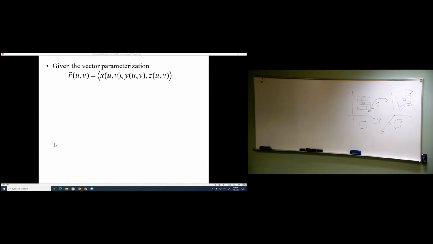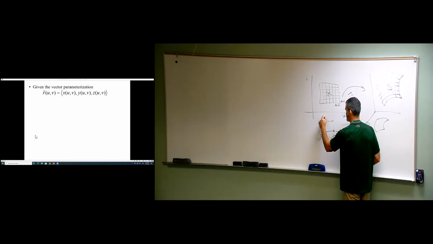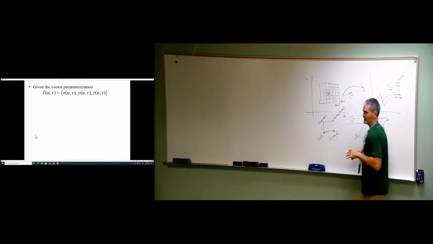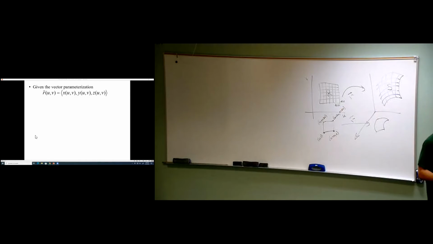Now, what's happening is this is happening at some UV point, right? So this is some U comma V. So this would be U plus delta U comma V. This would be U comma V plus delta V. And this would be U plus delta U comma V plus delta V. And this is not something I would want you to take notes on.